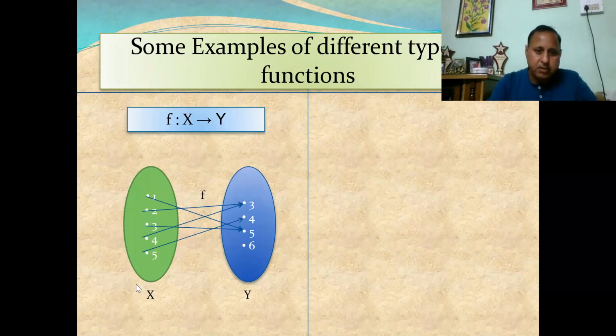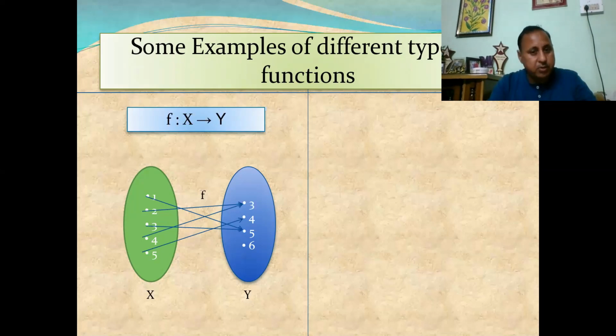Yes, you can say this one is a function because 1 has an image, 2 has an image, 3 has an image, 4 has an image, 5 has an image. All elements have images, and each has a unique image. So this one is a function.